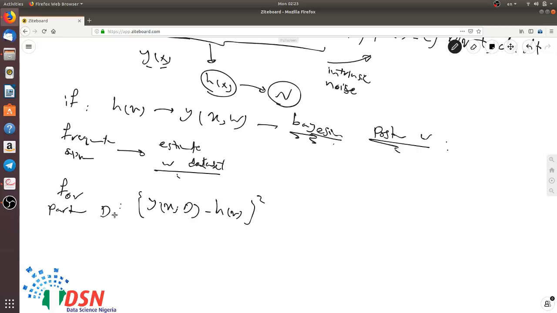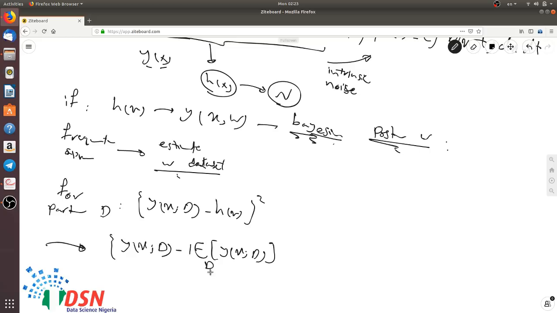We could take the average for all of the data sets to derive the average error. But before that, we could add and subtract a term that helps us to understand this equation more. So we actually add and subtract the expected value of y.